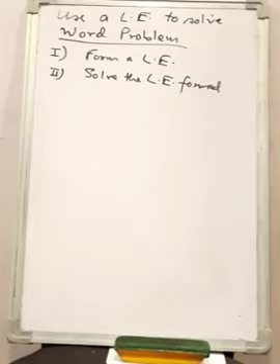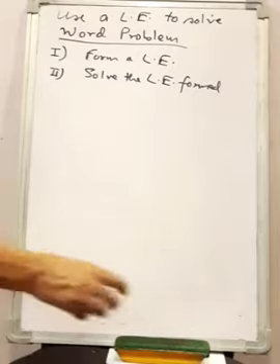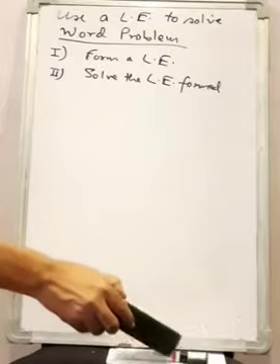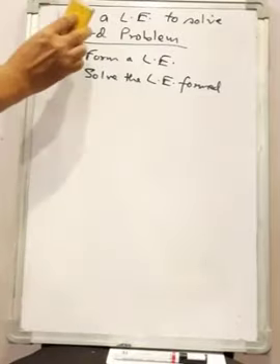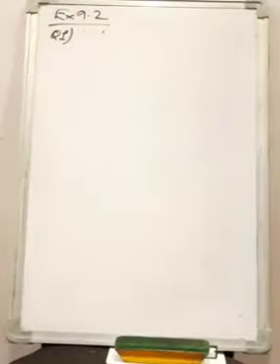Right? So open exercise 9.2 and look at question number 1. Exercise 9.2, question number 1. In word problems, to understand the question better, you are advised to read the question at least 2 to 3 times so that you understand the situation given, so that you can write the correct linear equation.